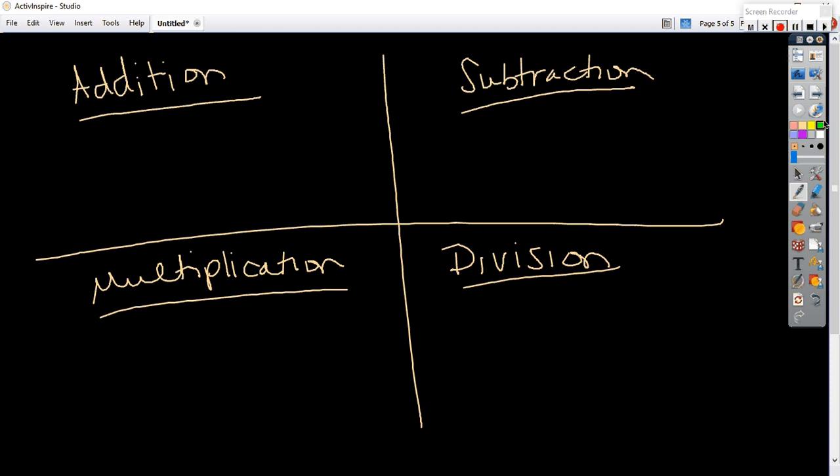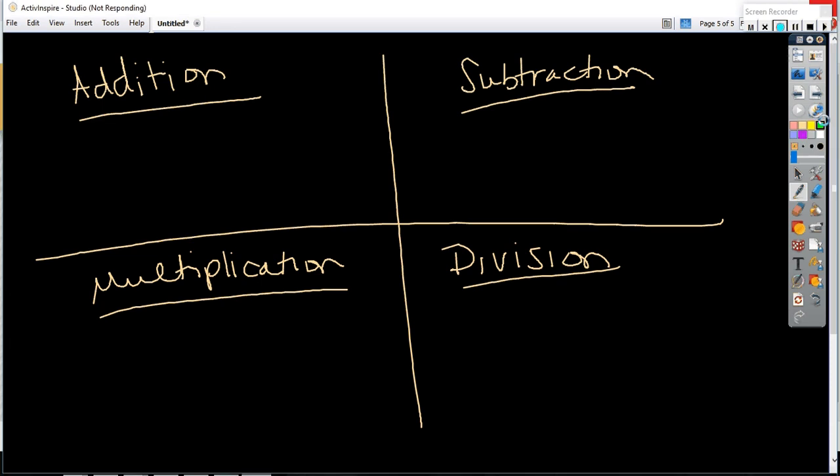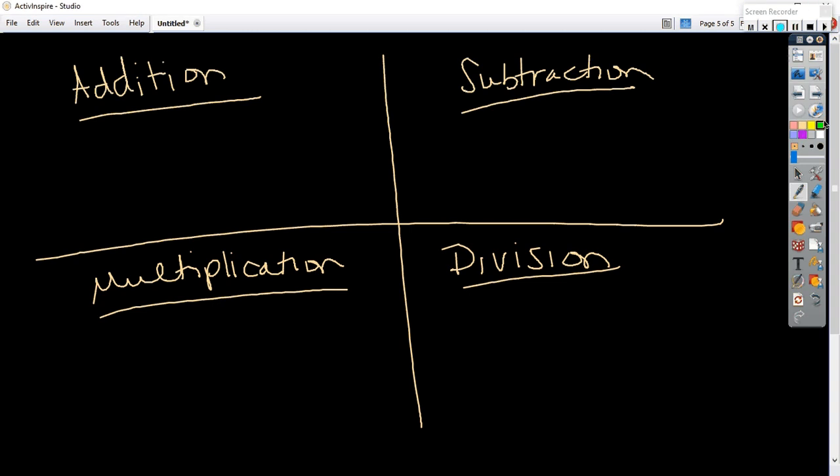The word product of. Where might that go? Multiplication. Good job. Less than. This pen stops working sometimes. Less. More than.